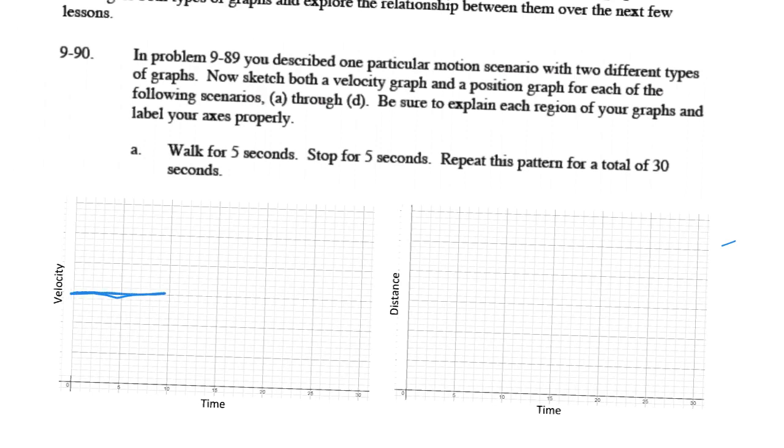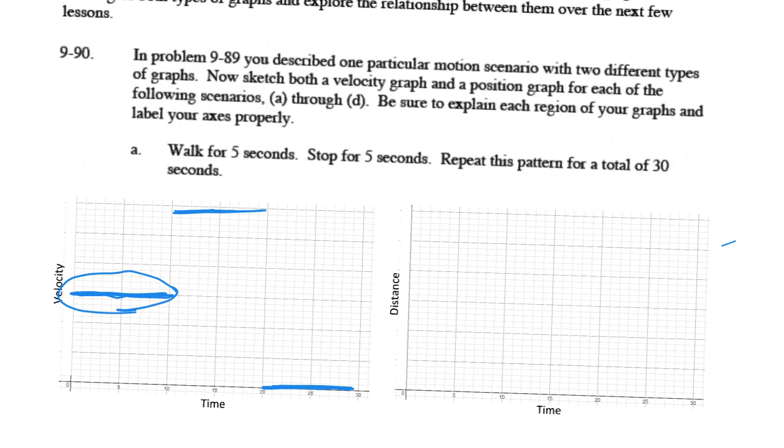If I'm imagining that this is walking, then running will be a higher horizontal line. If it's stopping, then there would be no line. It would be kind of like an empty line on the x-axis. So walking would be maybe this, and we'll go into details when we move from a velocity graph to a distance graph, and from distance to velocity.